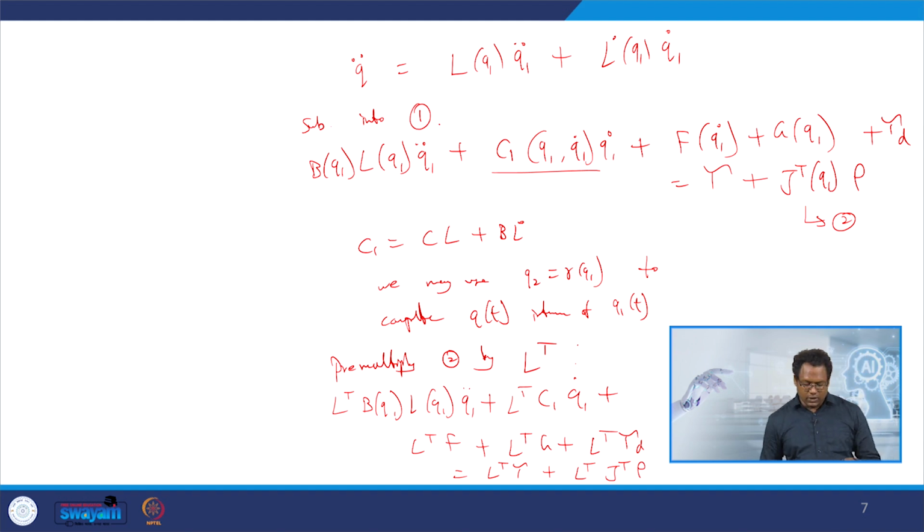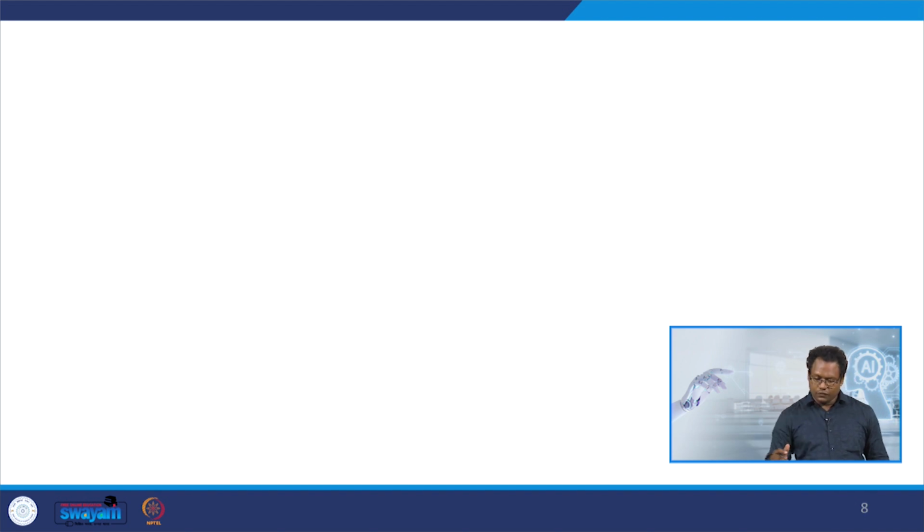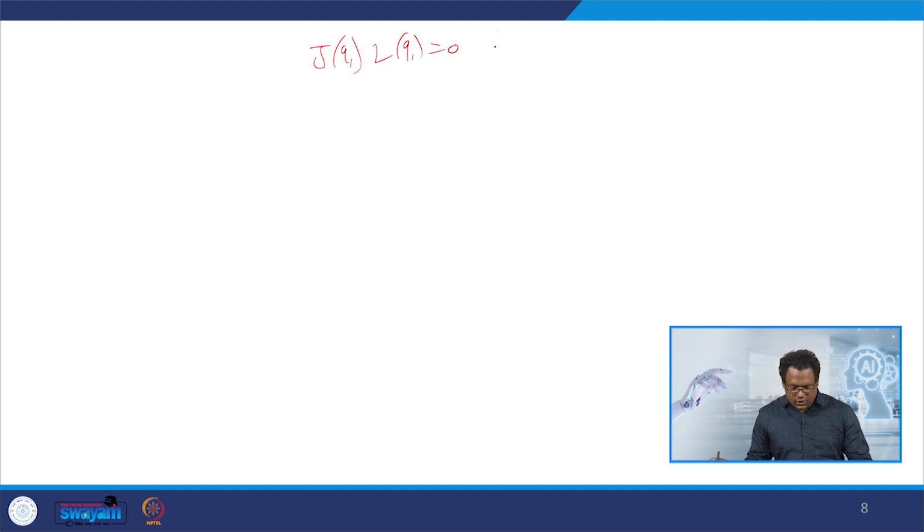Now, we know that J of q1 into L of q1 is equal to 0. This is a fact associated with the extended Jacobian matrix and the actual Jacobian matrix of the robotic system.